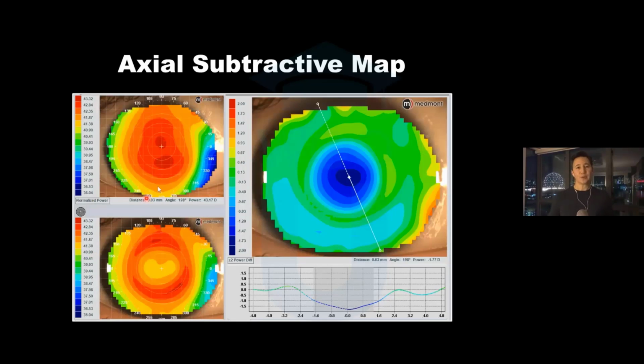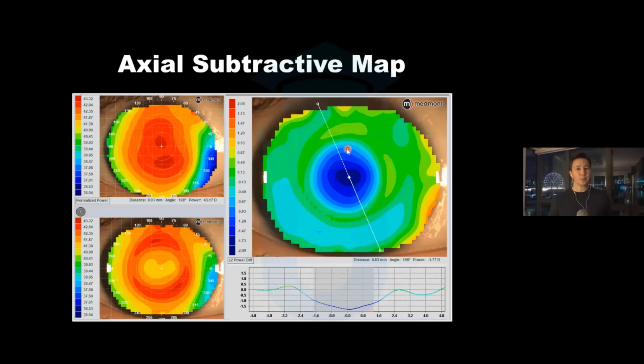So what you see in the subtractive map is before Ortho-K, your baseline topography, after Ortho-K, and here on the right, your difference map. And what I'm seeing in the axial interpretation is the refractive change. When I click my cursor right on the center, it tells me I have a 1.77 diopter myopic reduction.